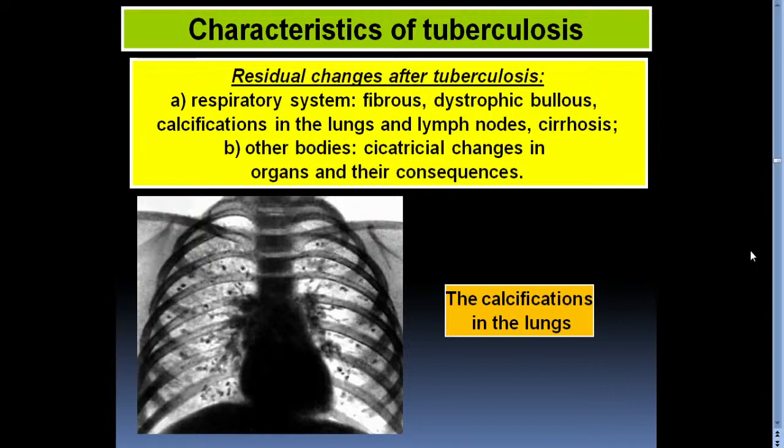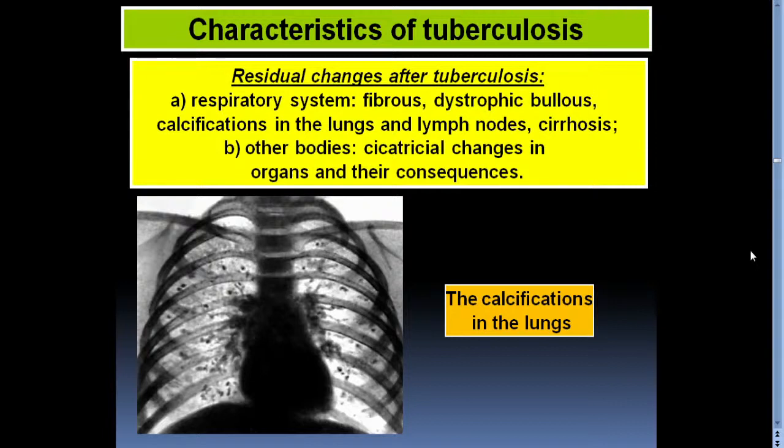Next characteristic of TB: residual changes after tuberculosis. For the respiratory system, possible formation of fibrosis, dystrophic bullae, emphysema, calcifications in the lungs and lymph nodes, cirrhosis, etc. In other organs: cicatricial changes in organs and their consequences.